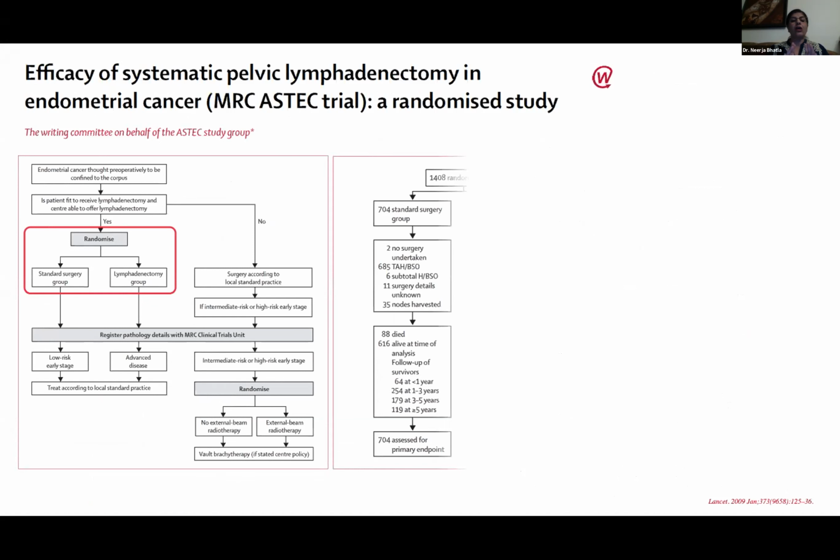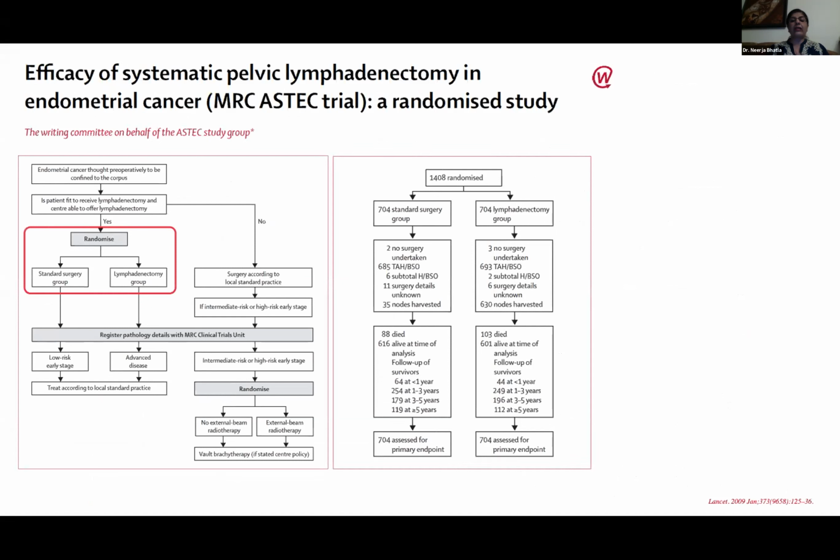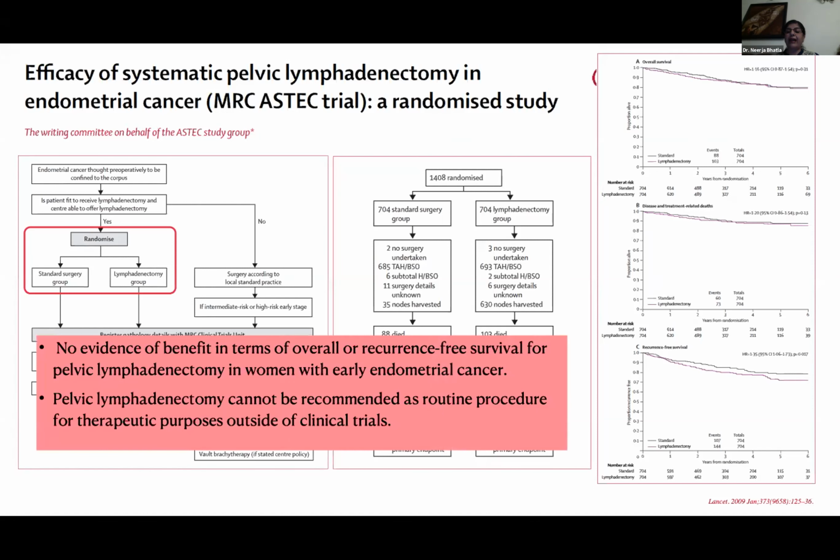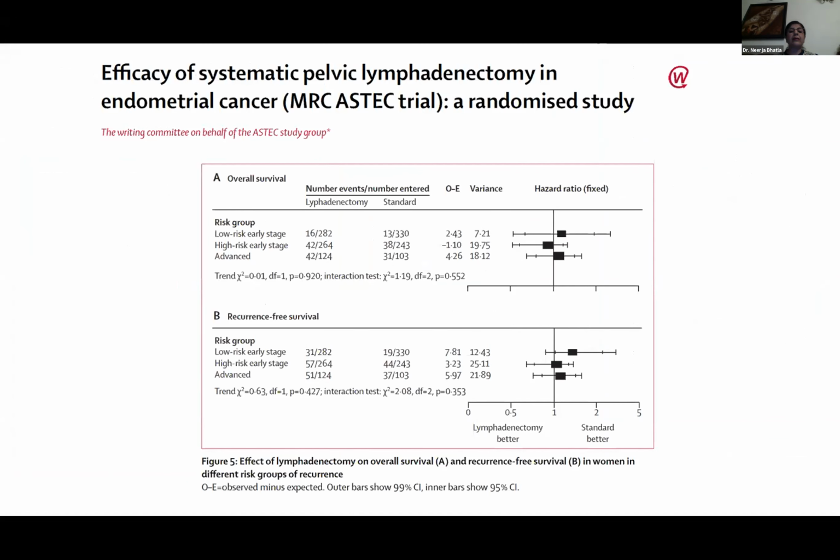If we just look at that data and we discount all the other problems that were mentioned by Dr. Zucchi, we see that there is really no difference in the overall survival, the death rates, in the standard versus the lymphadenectomy groups, and the recurrence-free survival as well has no significant differences. So pelvic lymphadenectomy cannot be recommended as a routine procedure for therapeutic purposes outside of clinical trials, I think we are all agreed. Next slide, please.